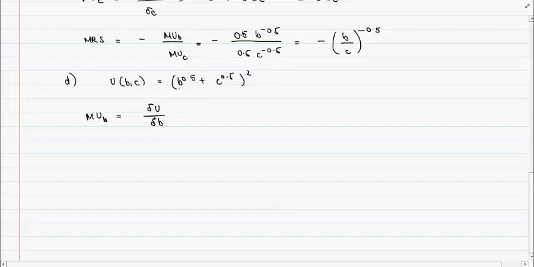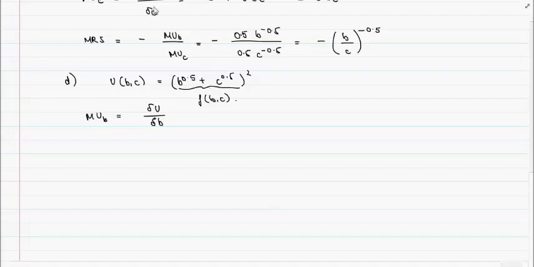We basically have to apply the chain rule over here. You're treating the whole thing inside the bracket as a function, say f, as a function of b and c. So the whole thing inside the bracket is f.